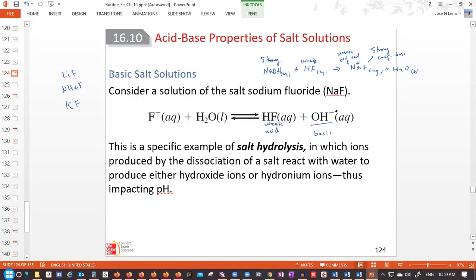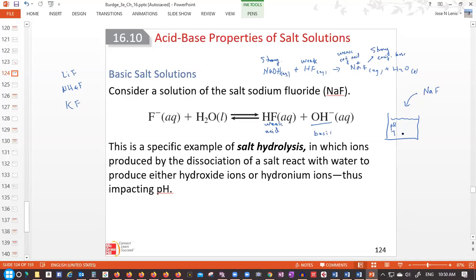So look, you have water. And you add any salt containing F minus. Let's say NaF. Initially, since we have pure water, the pH is 7, it's neutral.